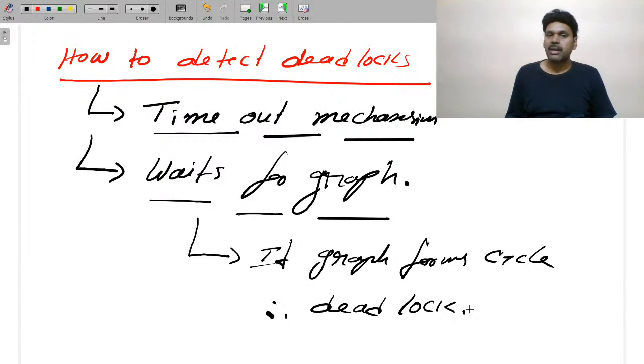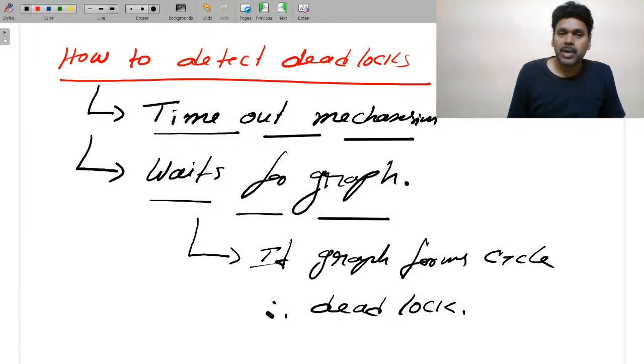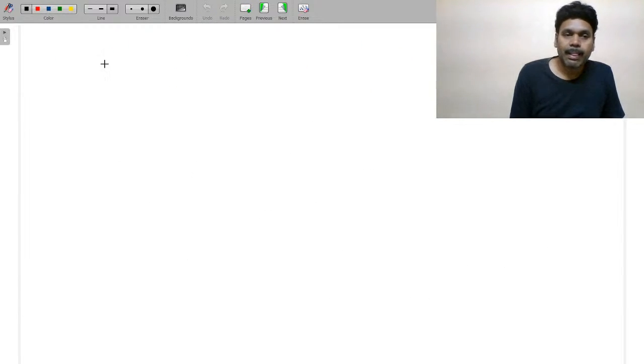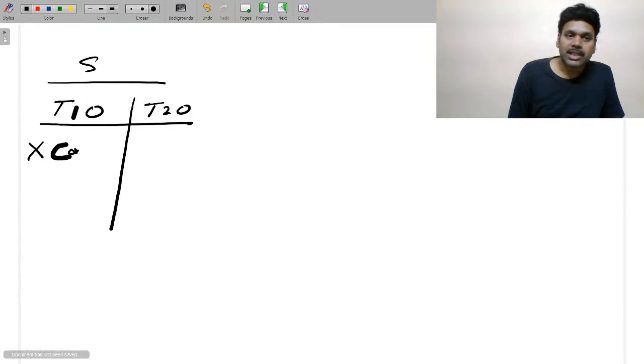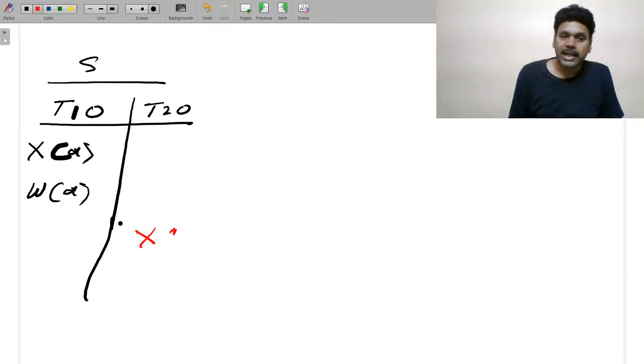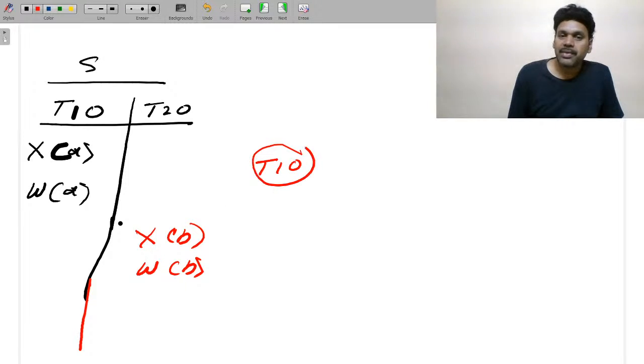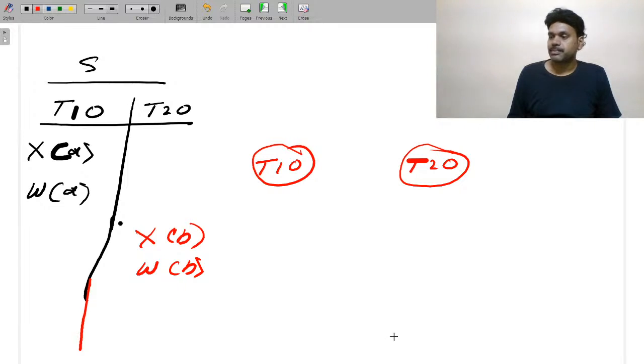Okay friends, now let us see one example on this. T10 and T20: X of A, W of A, X of B, W of B. I am deriving the graph now, T10 and T20. Observe carefully.